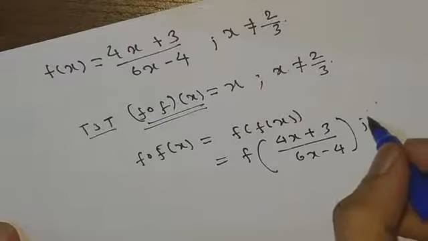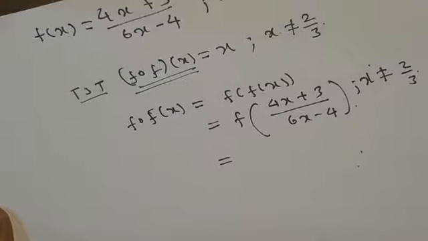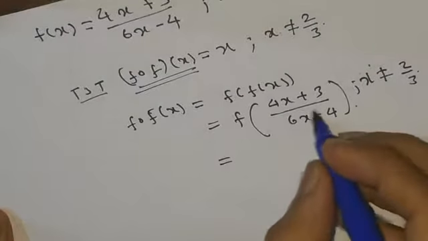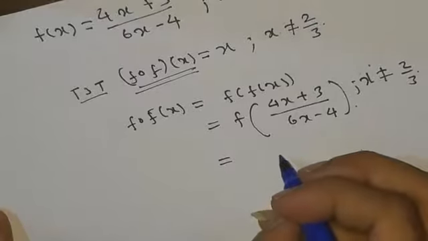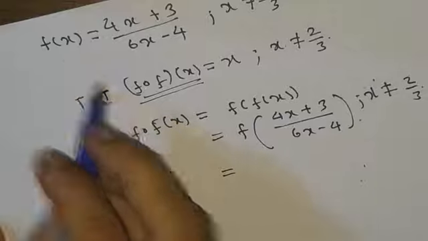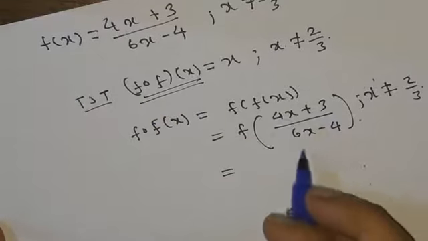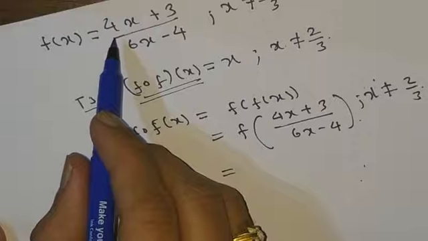Okay. Now this is true for x not equal to 2 by 3. So now this will be equal to what? f of (4x plus 3) divided by (6x minus 4). That will be nothing but just replacing x by (4x plus 3) divided by (6x minus 4) in the definition of the function f(x).